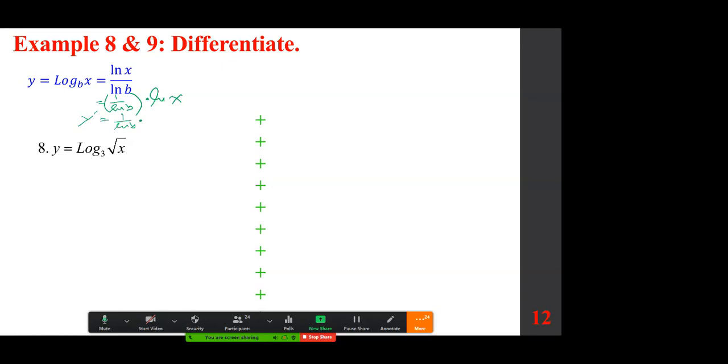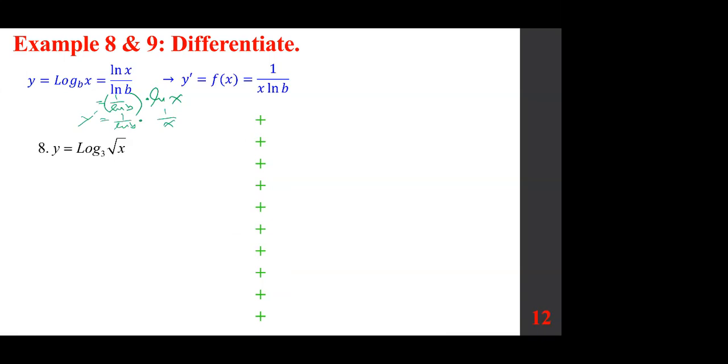And then ln x gives me 1 over x. And so y prime, or f prime if you will, is equal to 1 over x ln b.